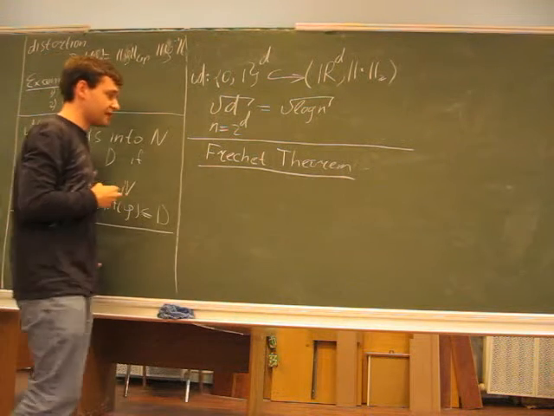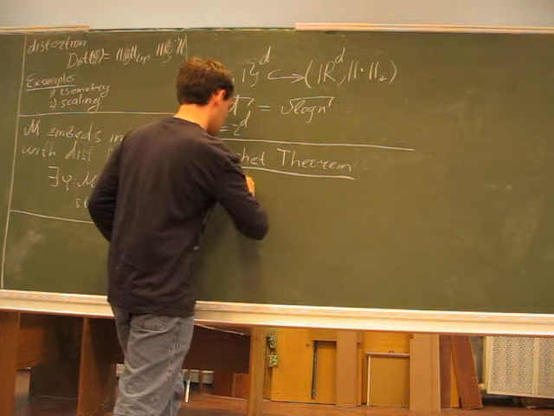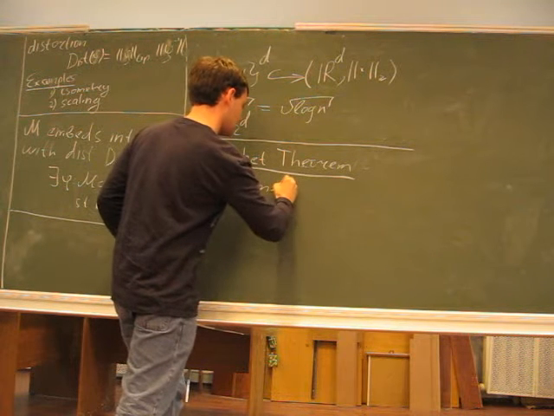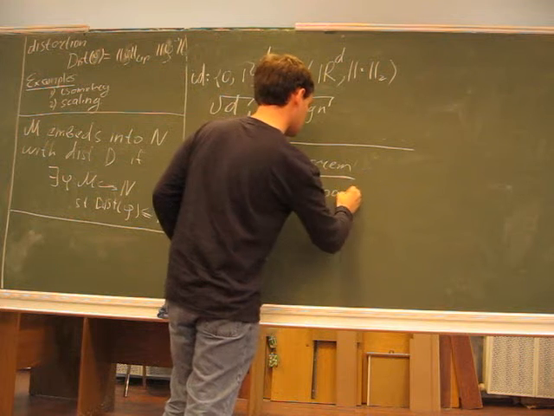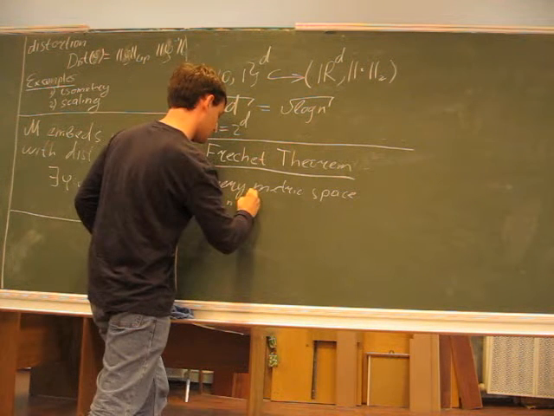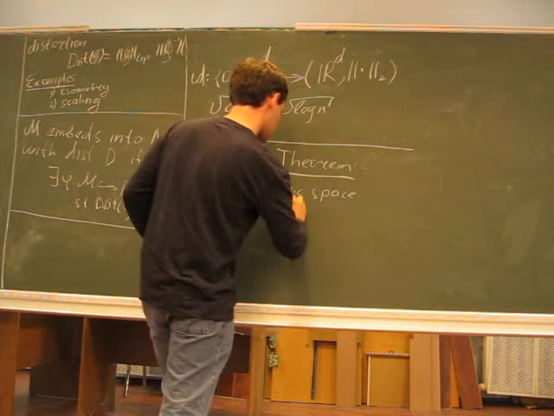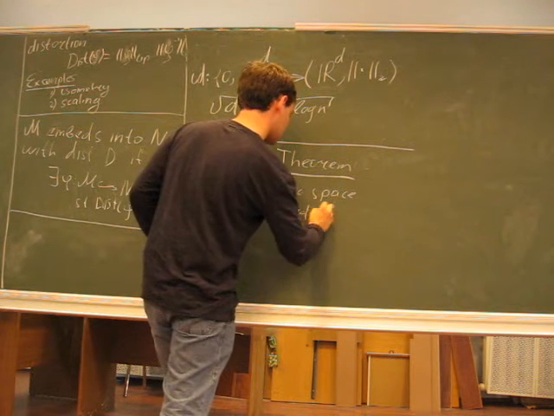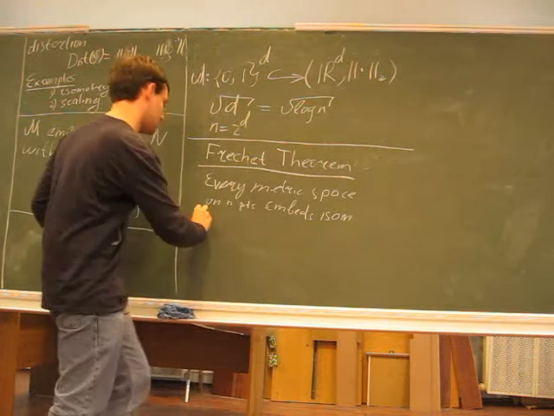Every metric space on n points embeds isometrically into L infinity.